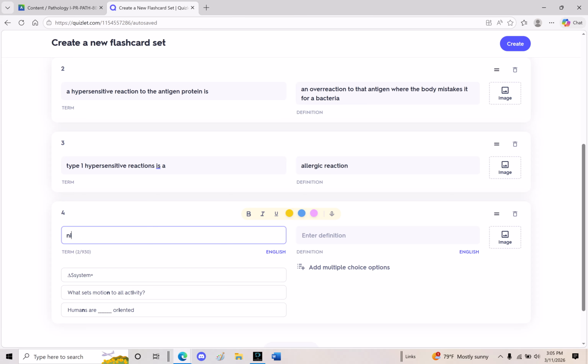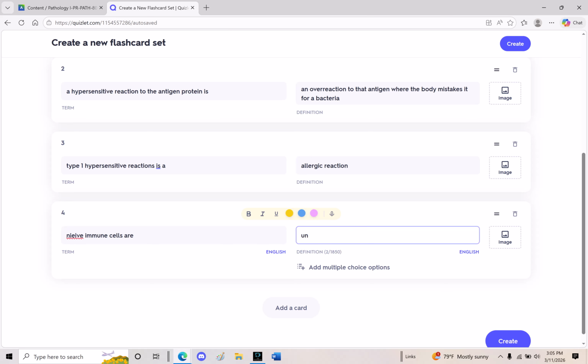When those naive helper T cells find this antigen that dendritic cells present, so the allergen enters, dendritic cells grab it and go, hey, look at this. The naive T cells come around and say, okay, let me scan this, get an idea, almost like you're making a mold of what the antigen should be, and now your body makes antibodies against it, right?